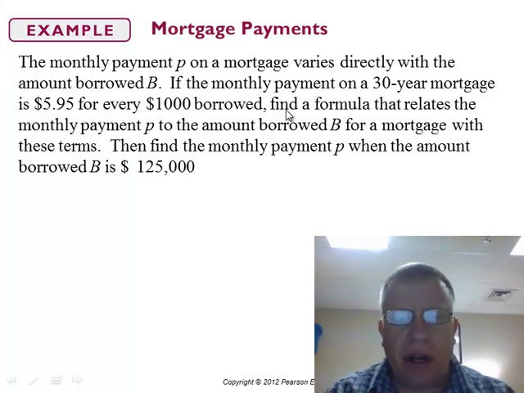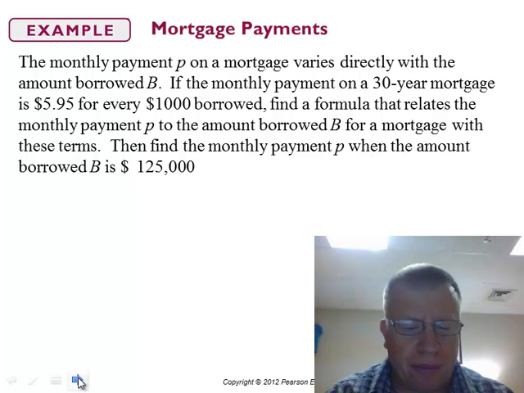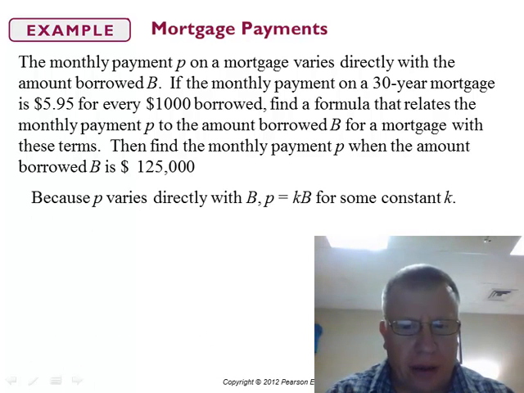So let's go ahead and figure out a formula that will relate the payment amount to the amount borrowed. And then once we figure out that relationship, we'll answer this question: what is the monthly payment when the amount borrowed is $125,000? All right, let's take a look here.